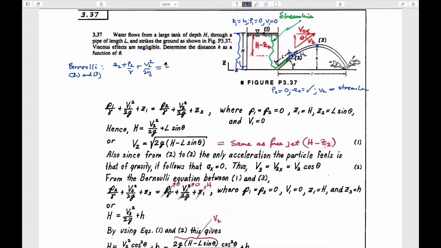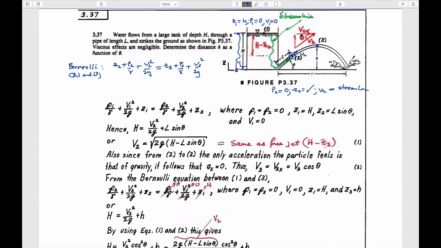You know the elevation Z3, which you don't know. You know the pressure at 3, which you'd like to know. And do you know the velocity V3 at this location? You don't actually, right? So what you could, actually you do. You do.